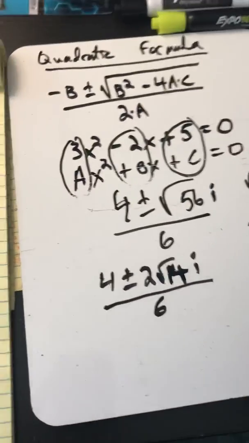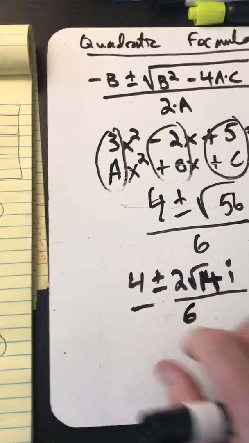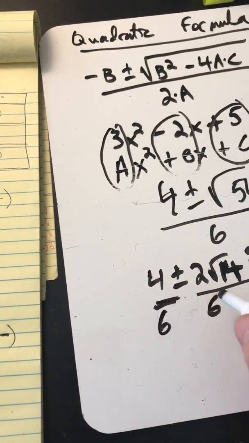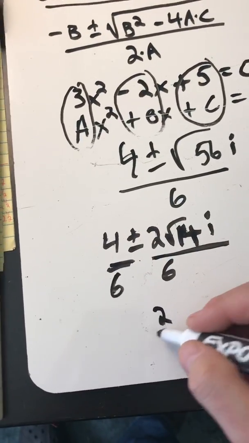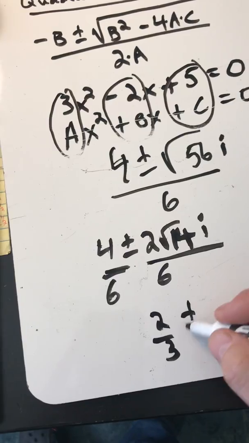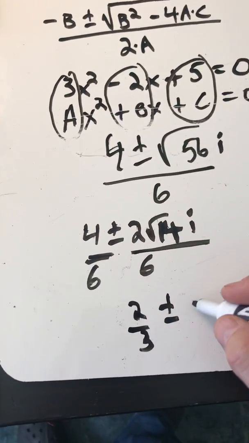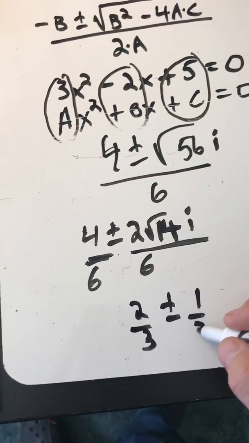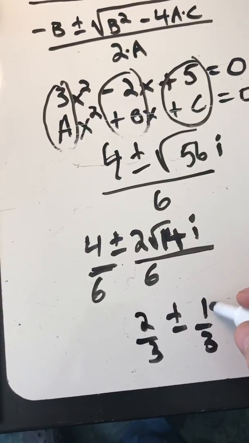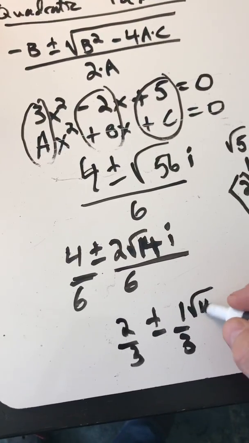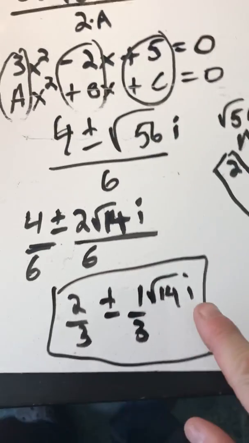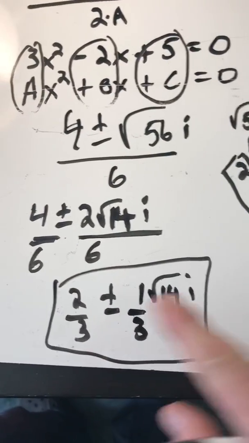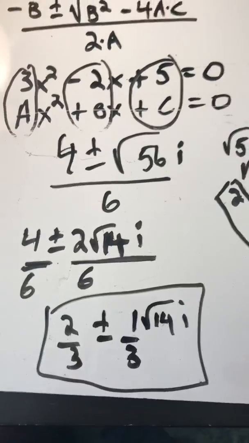Well, if it's all over 6, let's put them each over 6 so we can simplify them individually. 2/6 is 1/3 plus or minus 2/6, which is 1/3 times radical 14 i. So 1 plus or minus radical 14 i all over 3 is your answer.